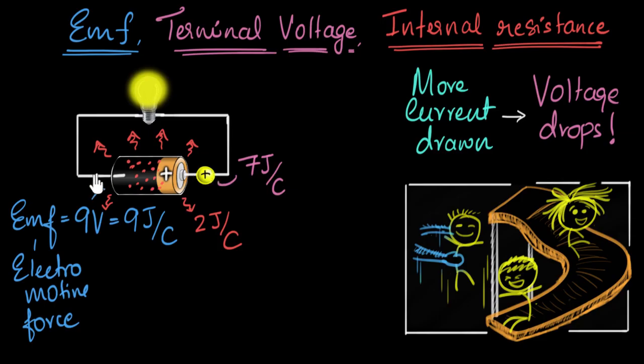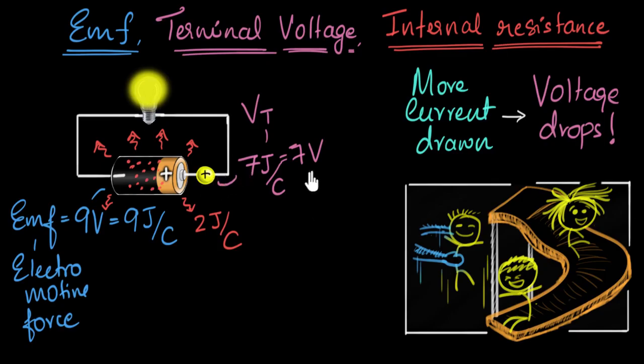And therefore, every coulomb when it comes from here to here only gains 7 joules. And therefore, we now say that the voltage across the battery is 7 volt. And this is what we call the terminal voltage. This is the terminal voltage. It's how much energy the coulomb finally gains, when it goes from here to here.